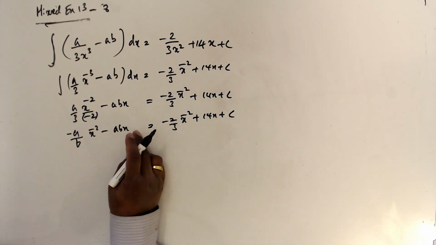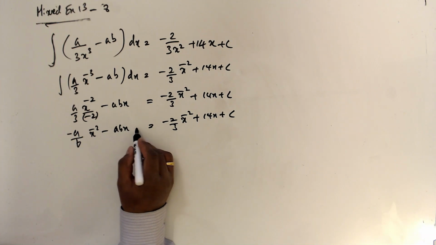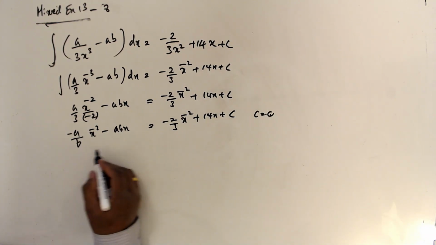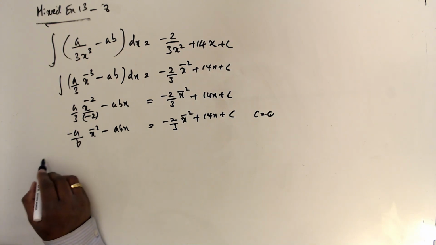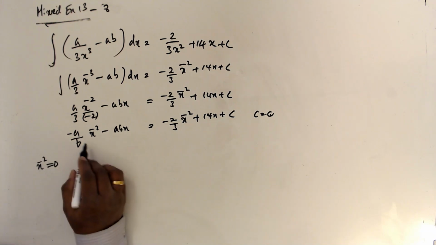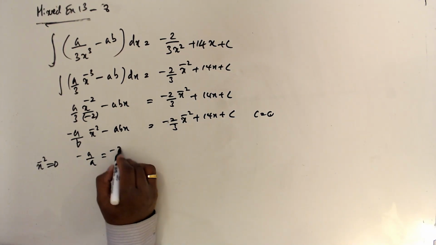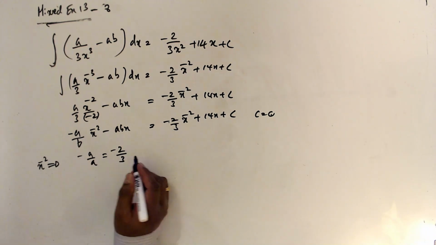Now we can see that there is no constant, hence c equals 0. We'll consider the coefficient of x minus 2. Then this is minus a over 6 and this is minus 2 over 3.